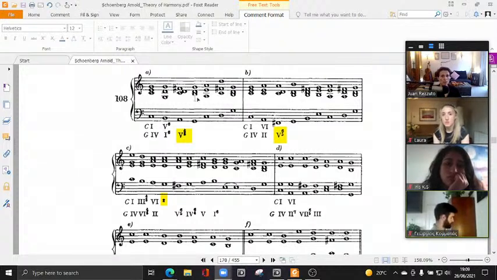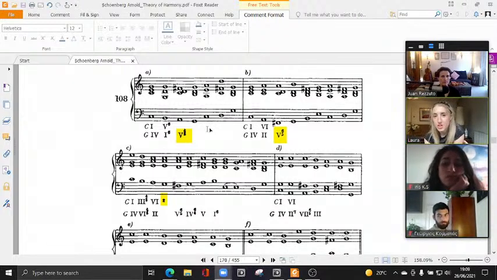If you see in this case, you have tonic. Which chord is this, in C or in G? In G. The 2. Exactly.